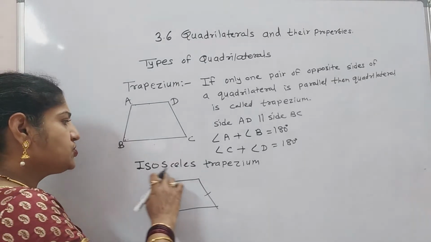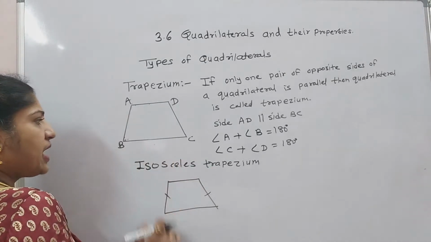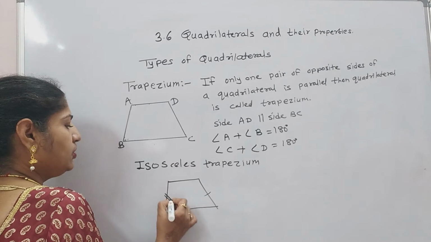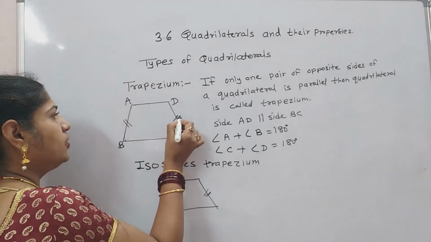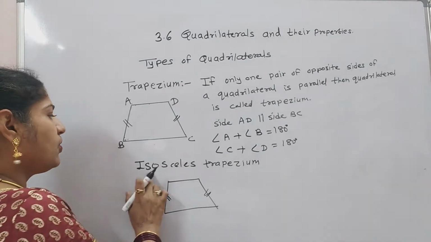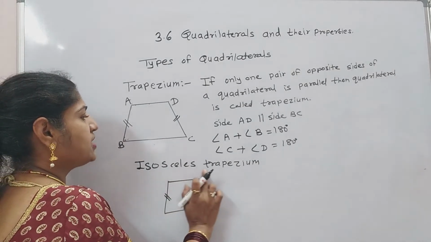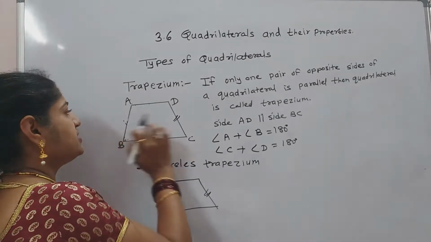Next is isosceles trapezium. In the trapezium, if the non-parallel sides are congruent, that is AB congruent to CD, then the quadrilateral is called an isosceles trapezium.